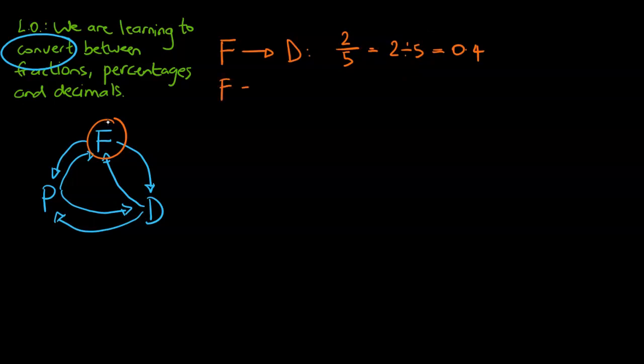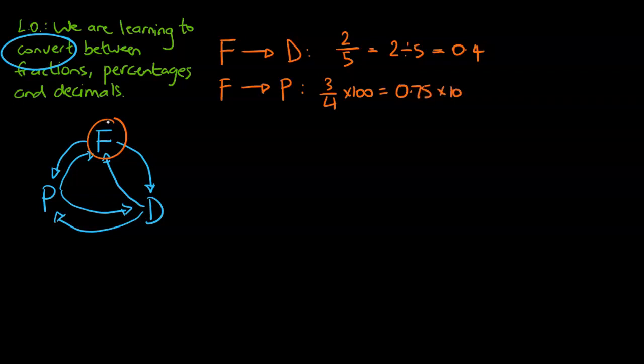And then fraction to percentages, very similar to the decimal, except you're just going to need to times it by 100 to get that percentage. So let's have a look at maybe 3/4. We need to times that by 100, and the way I would be doing that, I would convert that fraction to a decimal, which is 0.75, or 3 divided by 4.